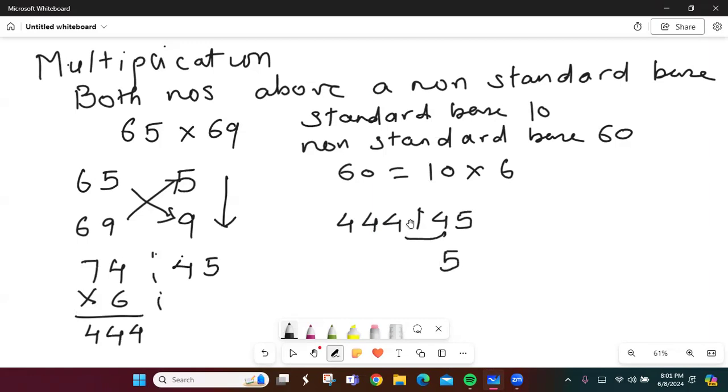I'll carry forward this 4, or 444 plus 4, that is 448 here. And now write both these numbers together. So 65 into 69 should give the result 4,485.